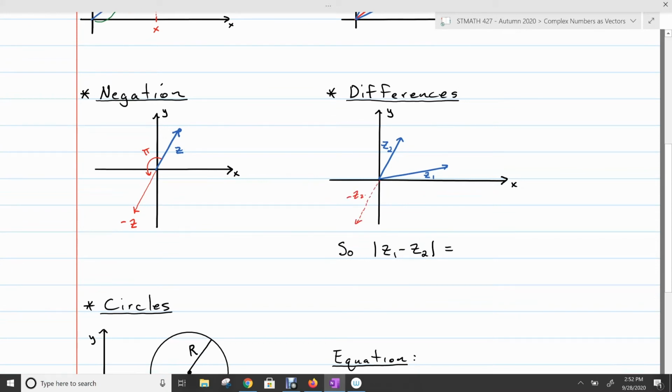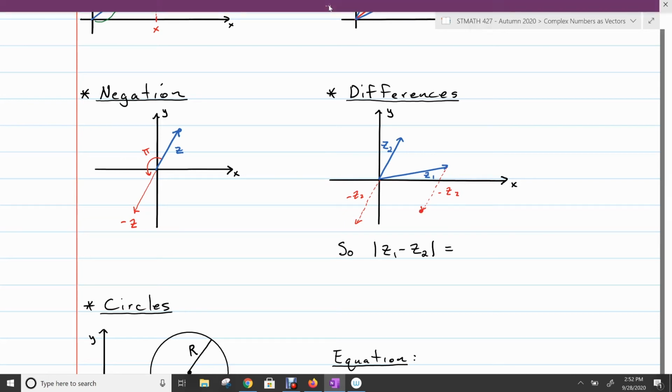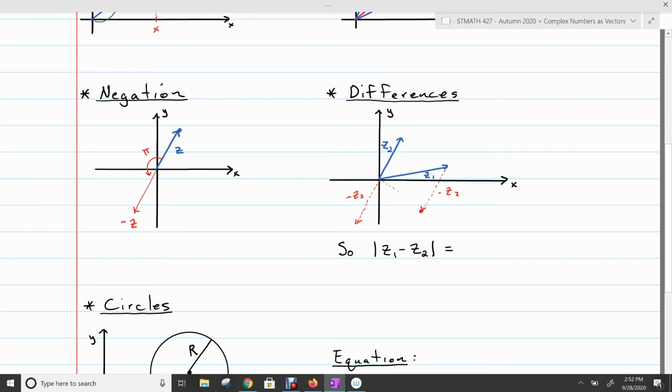But since we're talking about vectors, if I want to do z1 plus negative z2, I would go to the end of z1 and then do negative z2. So it'd look something like this. And then wherever the endpoint you end up at is the vector z1 minus z2. So this would be z1 minus z2 here in green. So there's z1 minus z2.